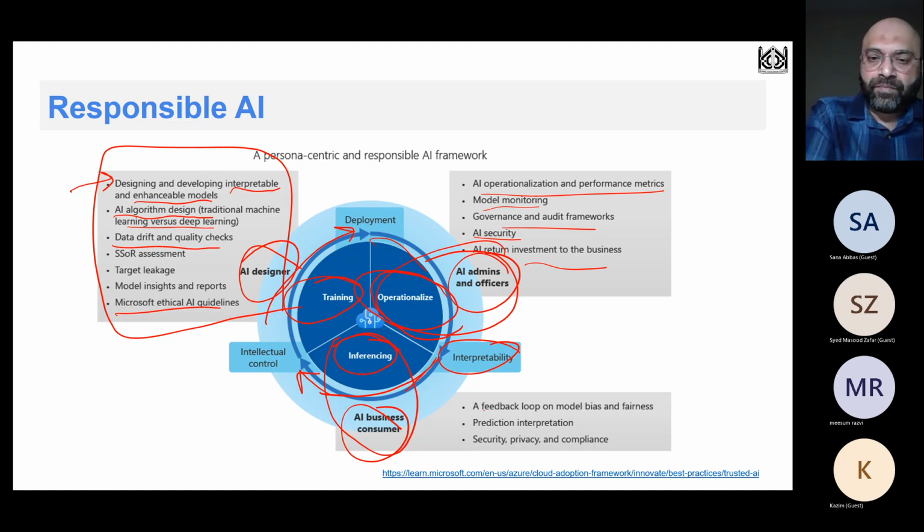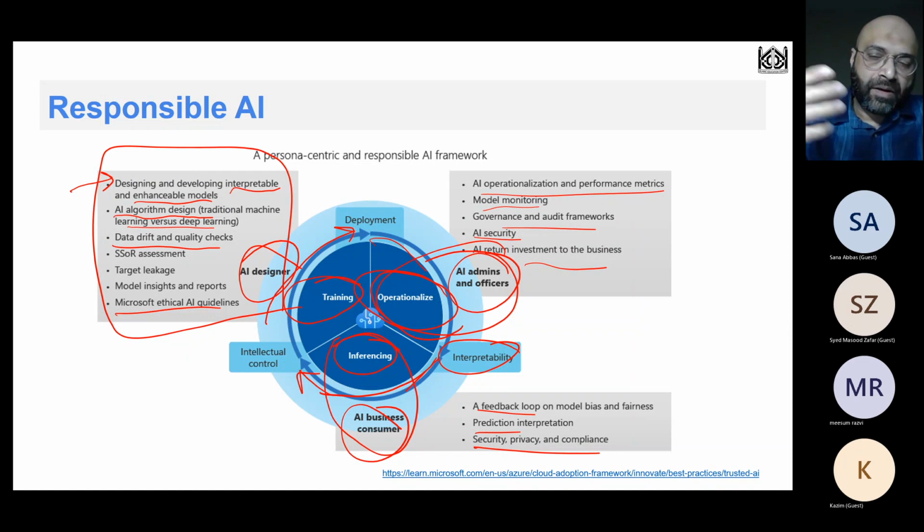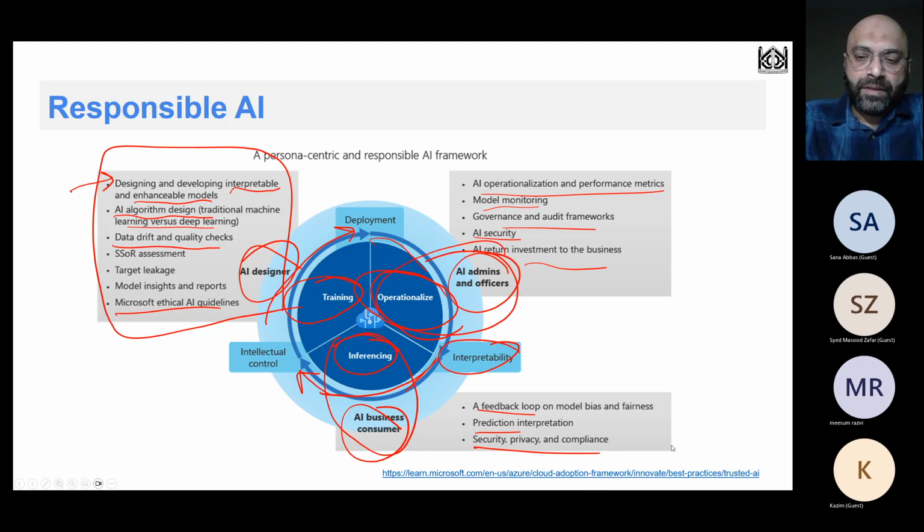So a feedback loop, and then prediction, interpretation, security, privacy, and compliance. These are some of the bullet points specific to that. If you want to know more, I'm going to tell you more in coming slides. But if you want to go deeper, every slide has a URL, and you can click on it and it will provide you more information.